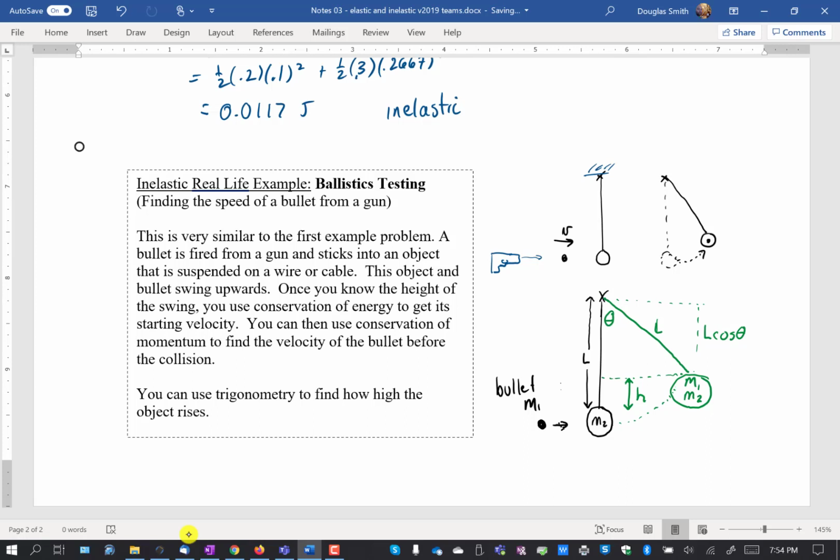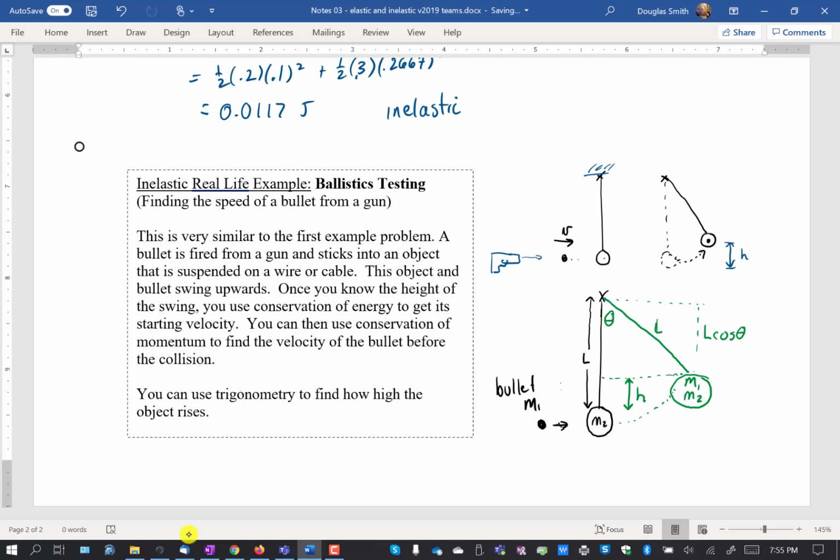It goes up like this. And this is another one of those combination analyses. First you analyze this collision using momentum, and then you use conservation of energy to figure out the height. Actually, they do it backwards. What they do is they'll analyze this pendulum swing, and since they know the height that it comes up, they'll know the gravitational energy, which means that they'll know the kinetic energy.